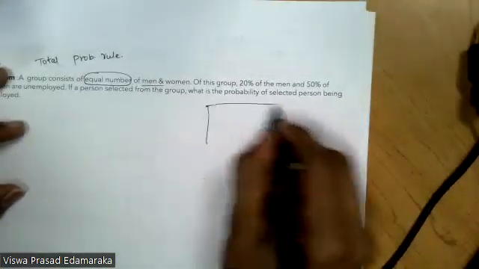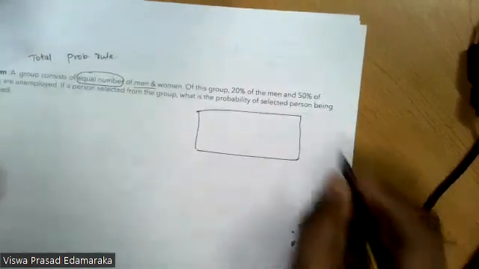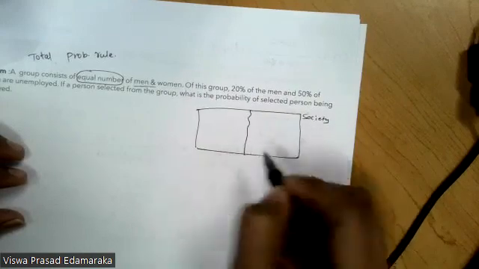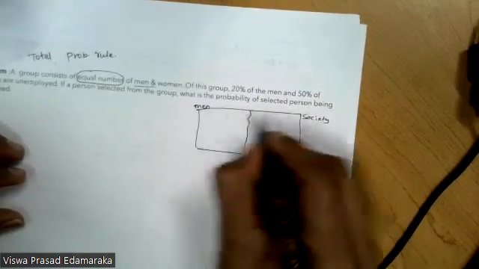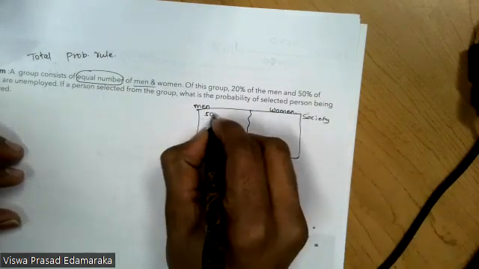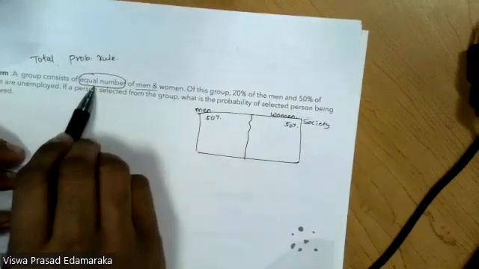So in a society, this is the group: exactly half are men, half are women. That is 50% are men, 50% are women. He has given an equal number.